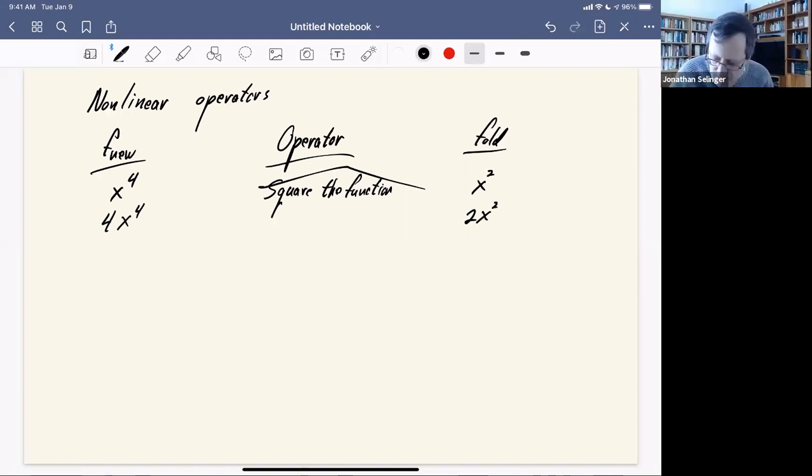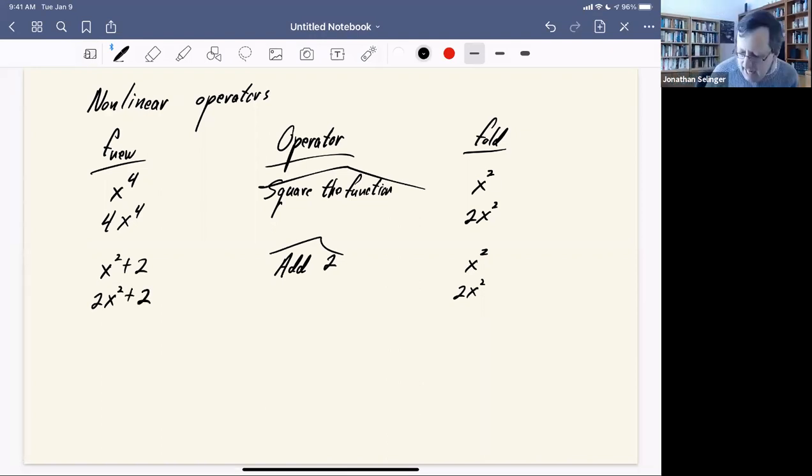Now, maybe that one is obviously not linear. Let me show you another one that's maybe not so obvious. How about if I have an operator called add 2 hat? So if f old is x squared, then f new is x squared plus 2. And if f old is 2x squared, then f new is 2x squared plus 2.